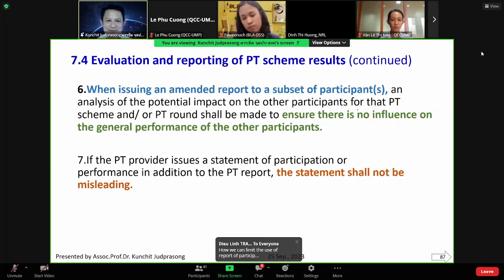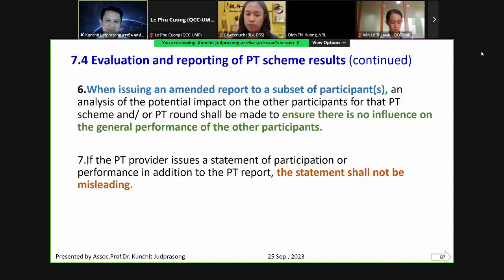If the PT provider issues a statement of participation or performance in addition to the PT report, the statement shall not be misleading. In some labs you didn't have the statement of participation, so you can ignore this requirement.